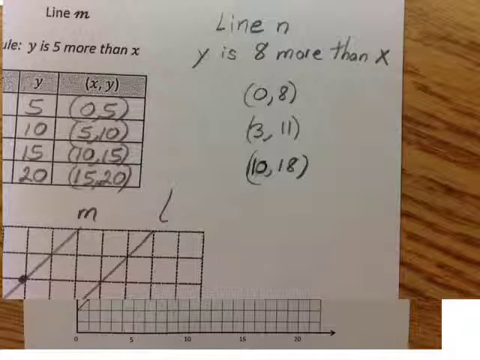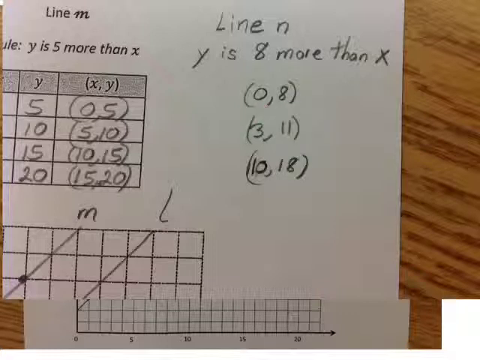I think I could make a prediction that this line will also be parallel to the other two on our coordinate grid. But I also think it will be higher up than line L and M, because this time there's a difference of 8 between the x-coordinate and the y-coordinate.